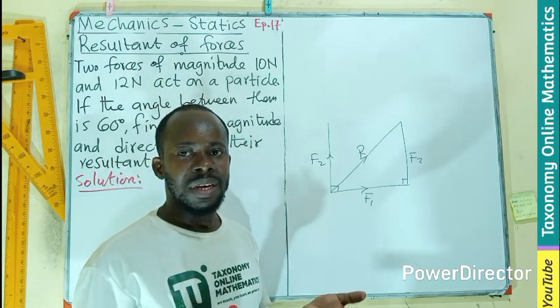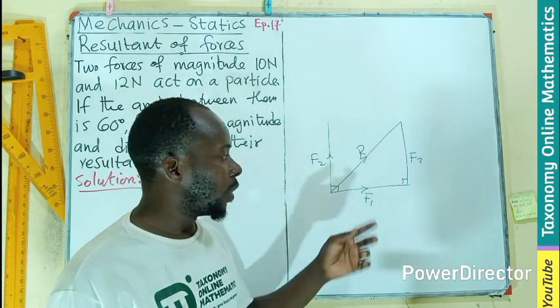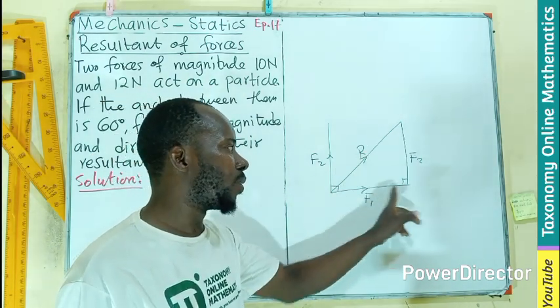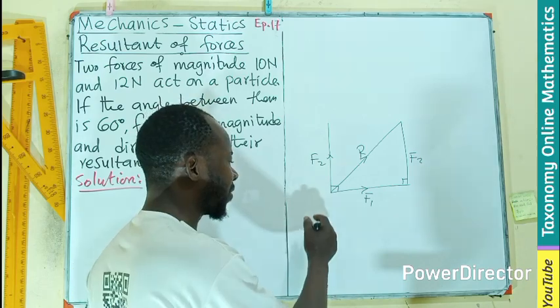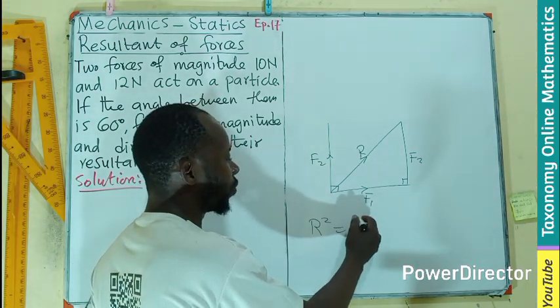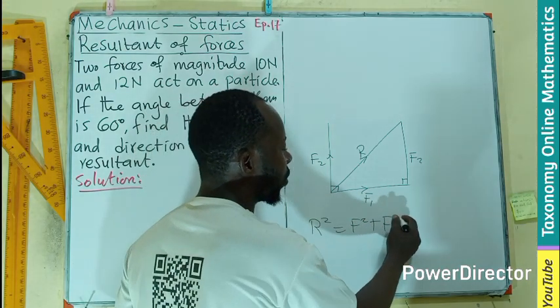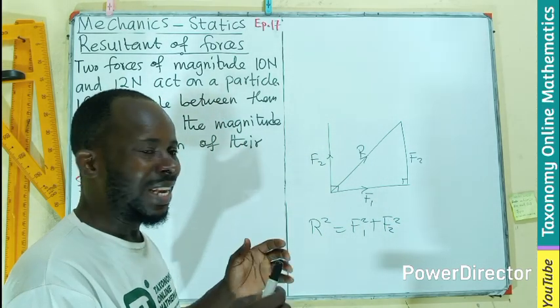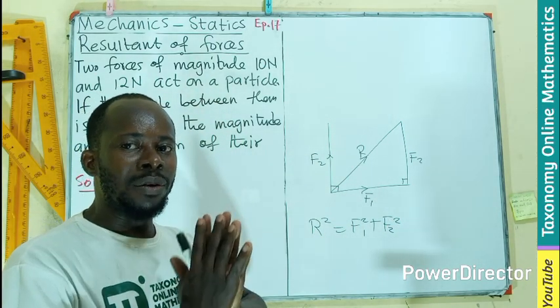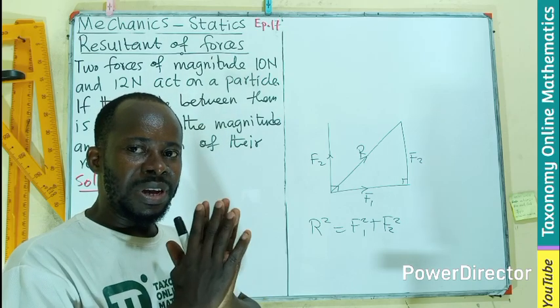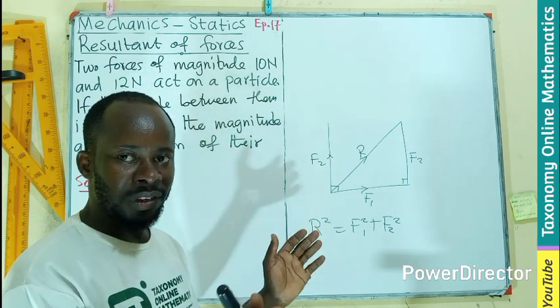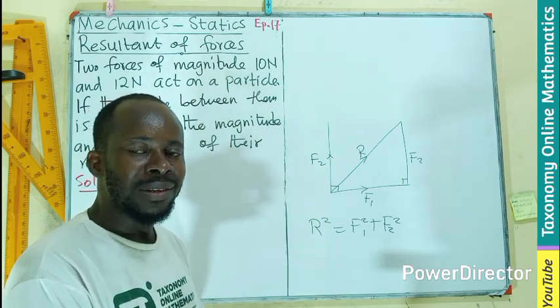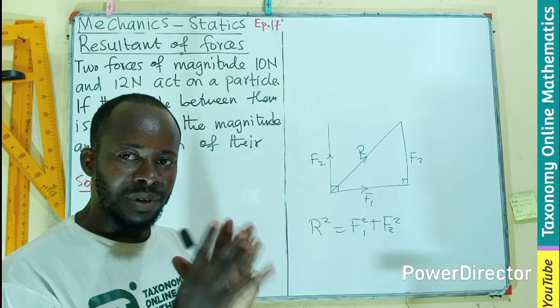Even if I use it, the second part is going to be 0. So you can see this is a right angle triangle. So I use Pythagoras theorem: resultant squared equals force 1 squared plus force 2 squared. This is what I will use in finding the resultant force if the angle between the two concurrent forces from a point is 90 degrees. I guess that is clear.